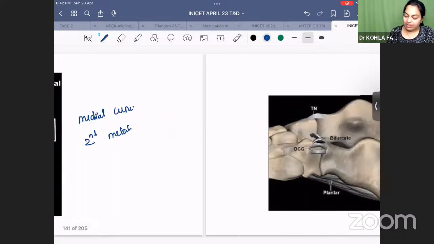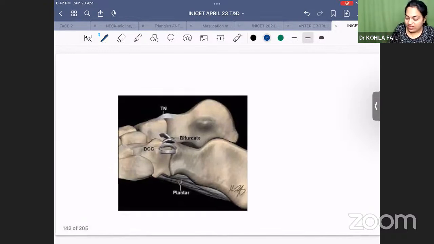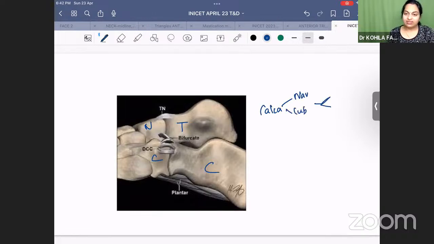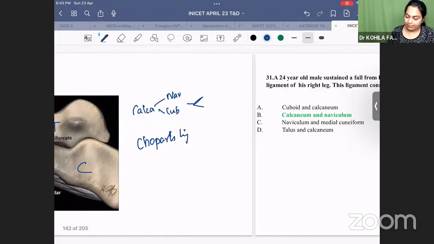Then, the Chopart ligament. You know this is the calcaneum, talus, navicular, and cuboid, right? From the calcaneum to the navicular and cuboid, there is the bifurcate ligament, and that is part of the Chopart's ligament. So these are the important ligaments of the foot.